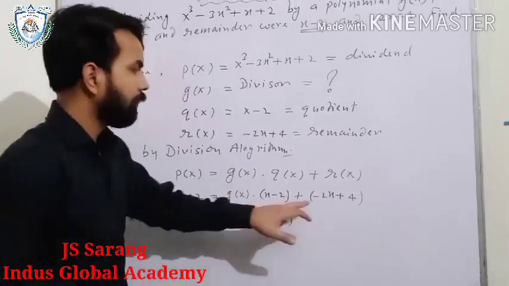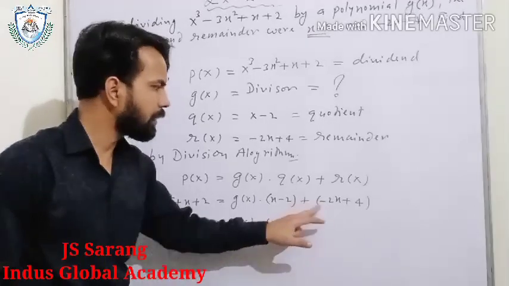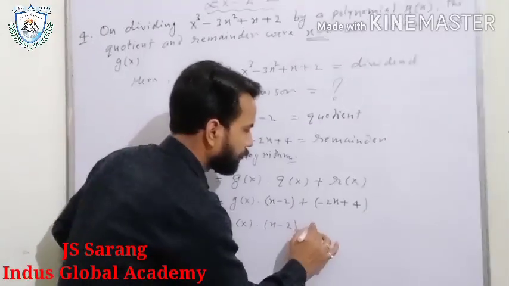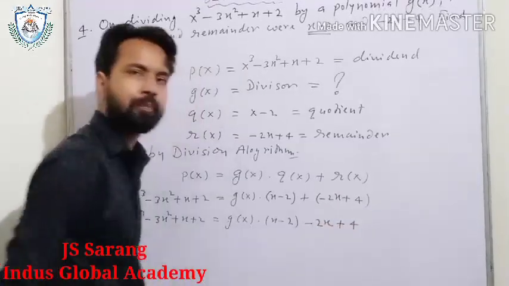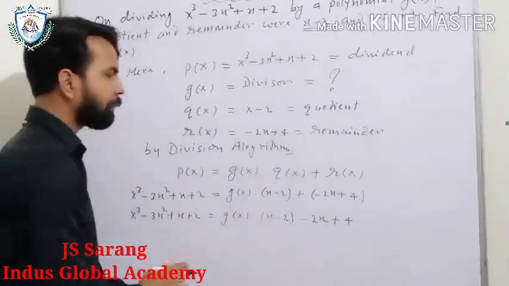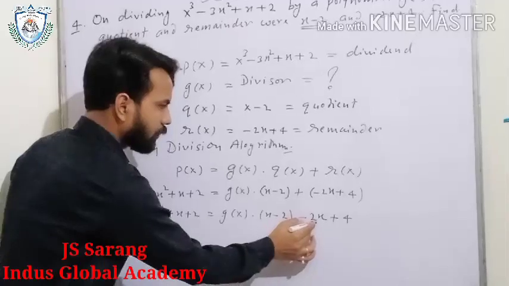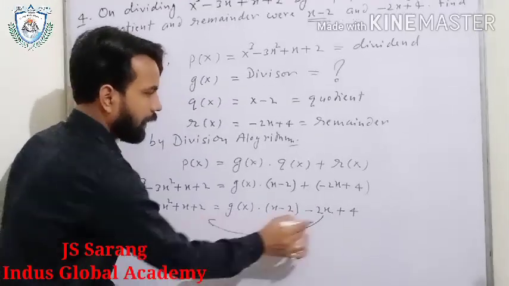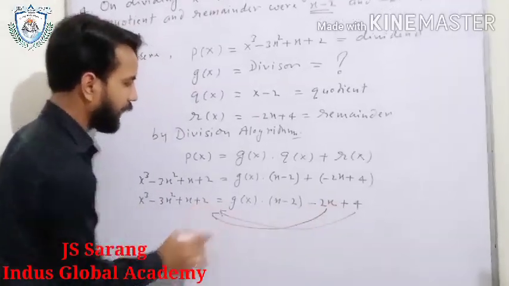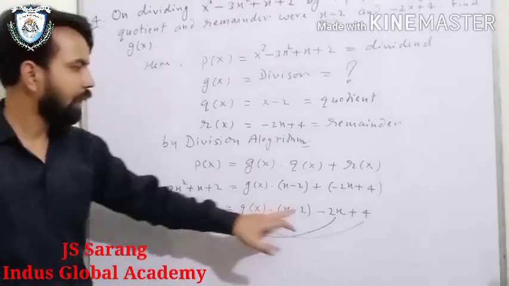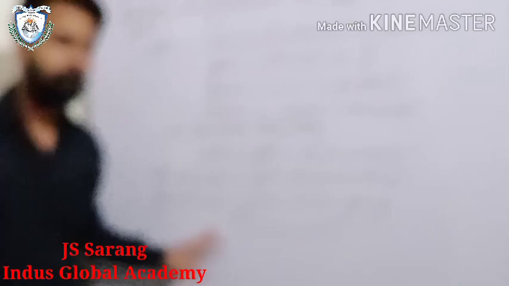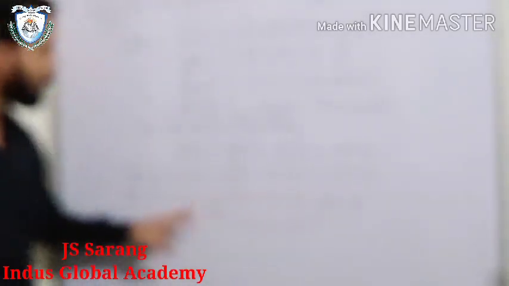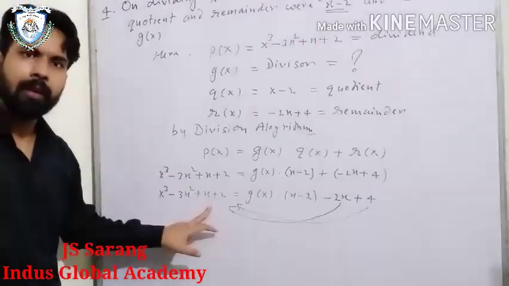Now see, we will open this bracket. Plus into minus will be minus 2x, and plus into plus will be 4. Clear? Now we have to shift this 2x and this 4 to the left hand side. Whenever we shift this 2x to the left hand side, it was negative so it will be positive, and this 4 is positive, and on shifting to the left hand side it will be negative.